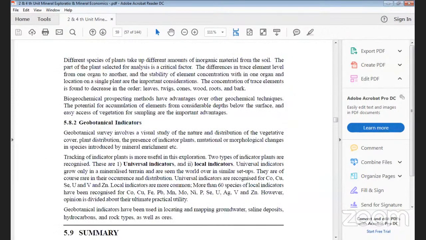There are different species of plants which take up different amounts of inorganic material from the soil. The part of the plant selected for analysis plays a very important role, giving clear information about that particular area and which minerals or elements are present on the surface.